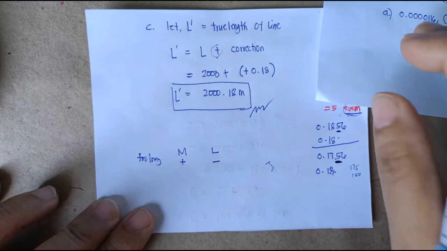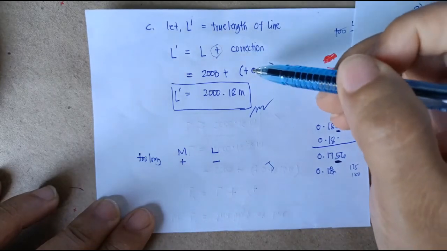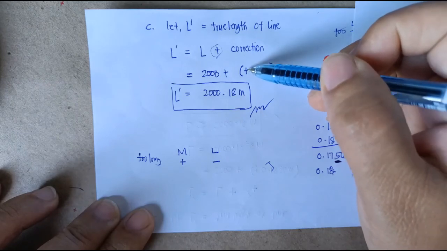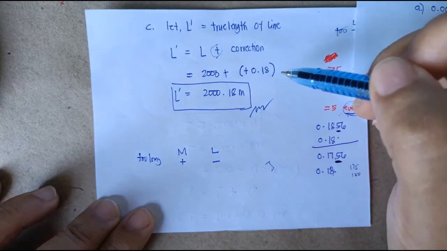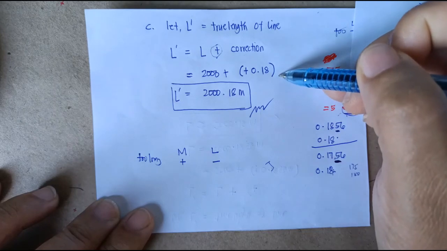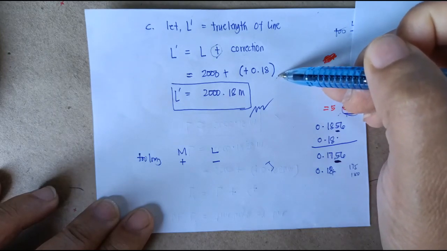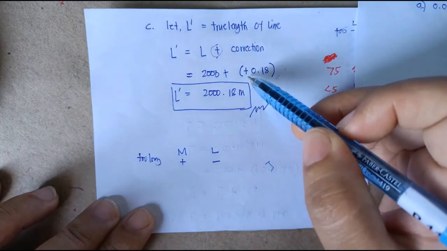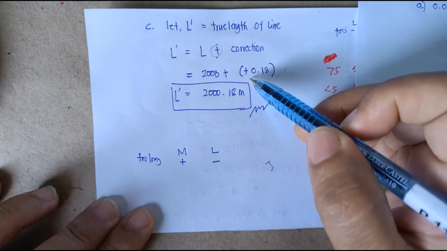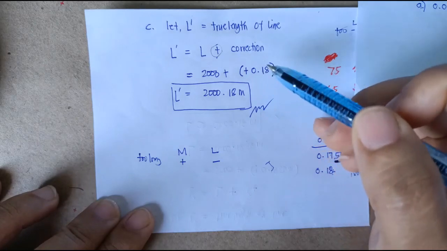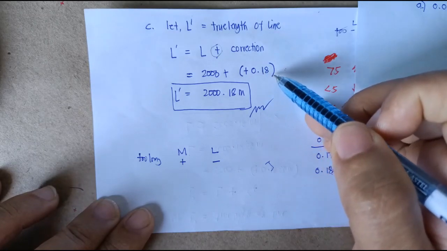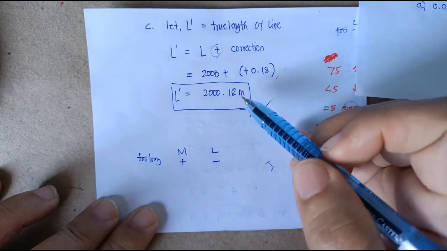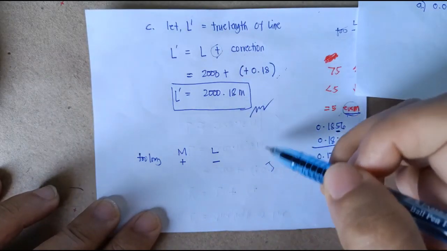I advise that you do not bring the sign, because the sign for this correction is only a guide on whether the tape is too long or too short. I just put the positive here to show you that the tape is too long. So you have to consider these rules.